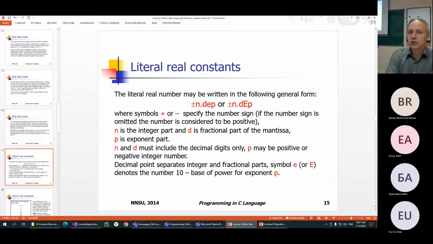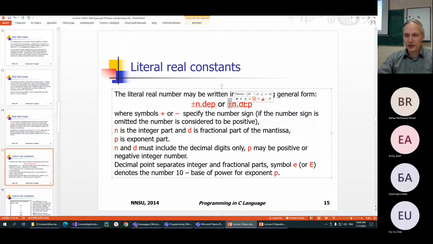Well, how to write literal real constants? This question is not as simple as it looks at first glance. A real number can be written in scientific form: plus or minus n point d e p.